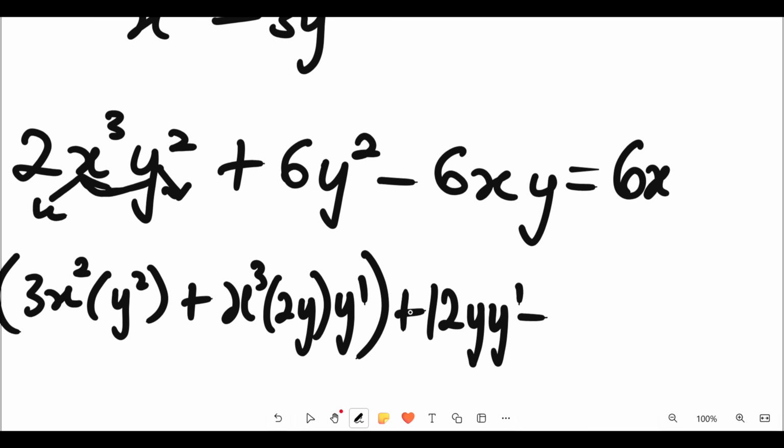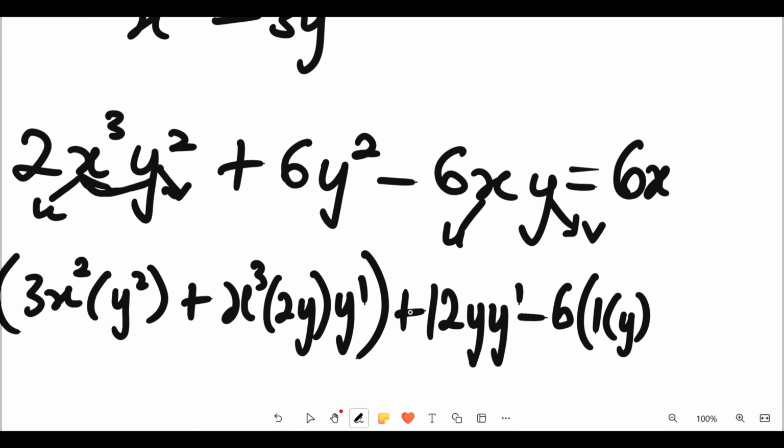Then here we need to apply the product rule. So bring our negative 6 out. Here we name u and here v. Differentiate the first term, the u, we get 1 when we differentiate x, multiplying the original of the v, which is y.